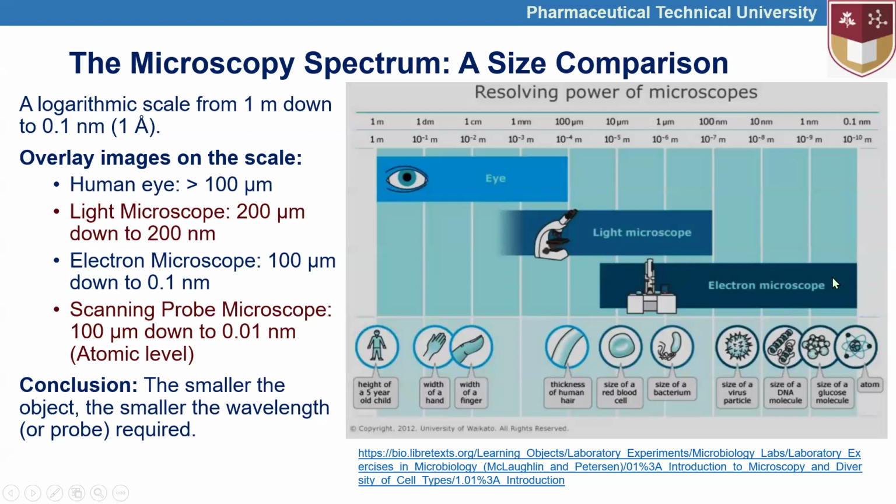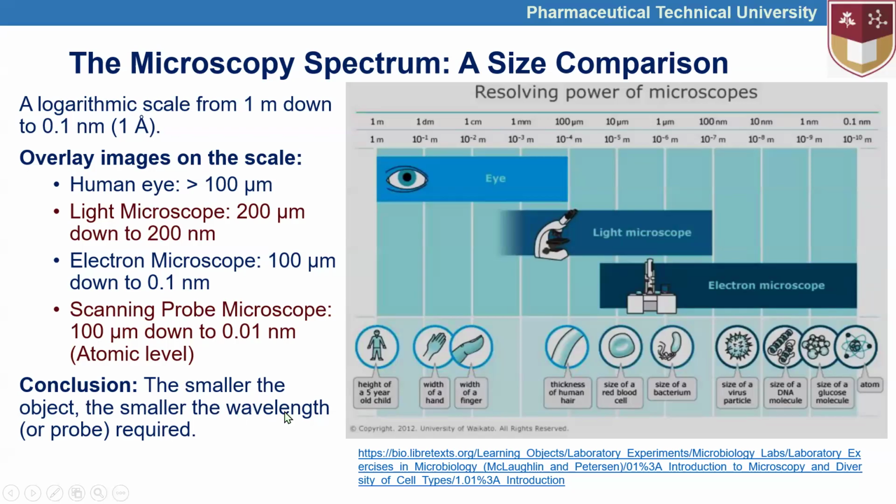Okay, as smaller sizes are required to be detected by electrons, it will be more difficult. This is about electron microscopes, and scanning probe microscopes have even higher ability to see smaller objects at the atomic size level.